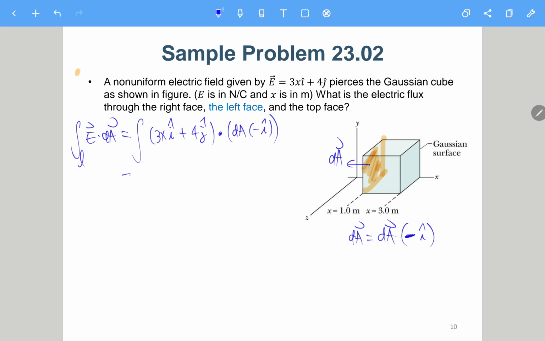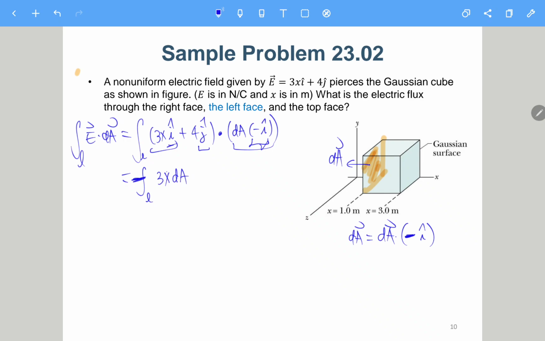We distribute the first term with this one. So still it is 3x dA, and then i hat dot negative i hat should be negative 1, so we have a negative sign in front. And similarly j hat dot i hat will be 0, so negative 0 is still 0.